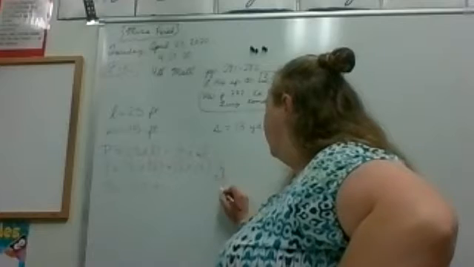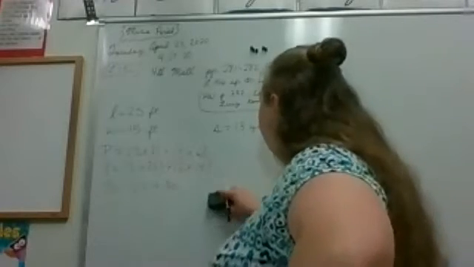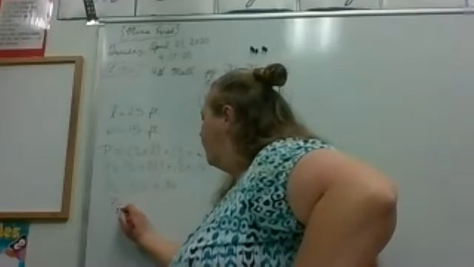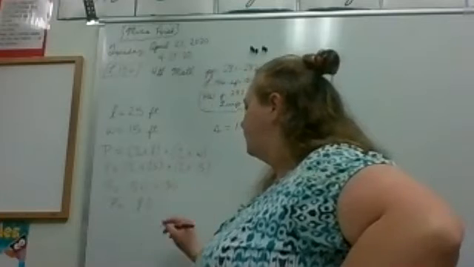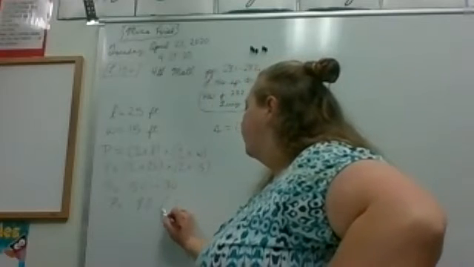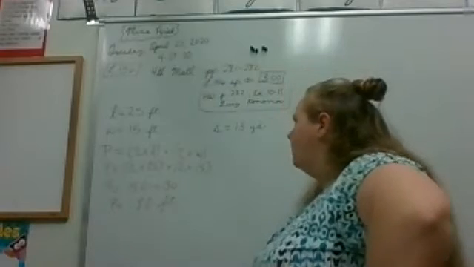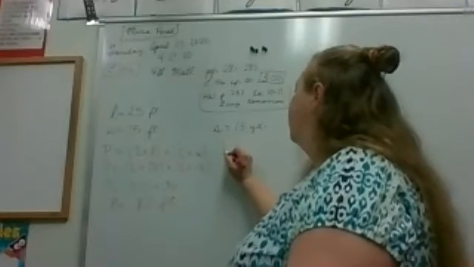If that's one that you have memorized, great, it's 30, okay? Then we have 30 plus 50, so P equals 80, right? Because 3 plus 5 is 8. And don't forget to label with feet, okay? Good job.